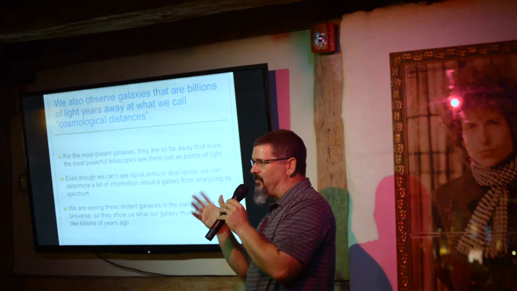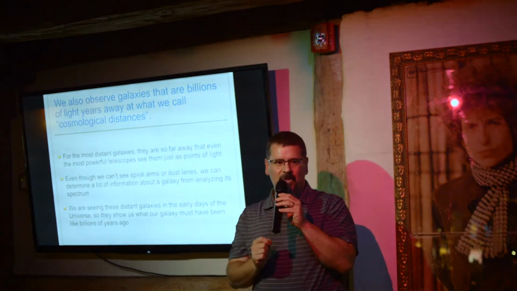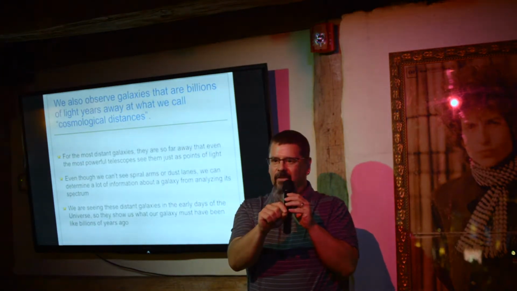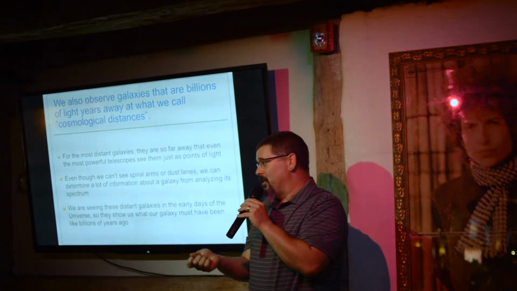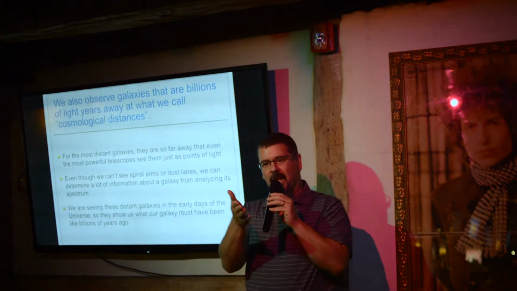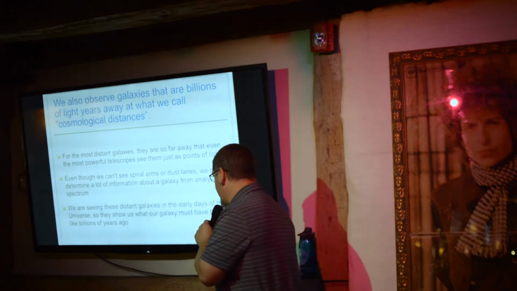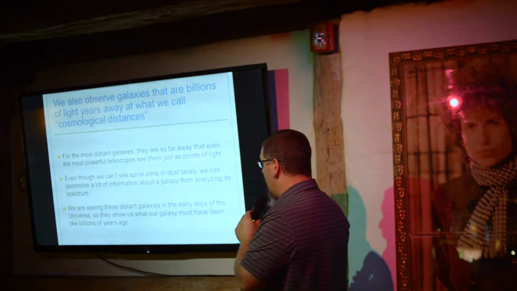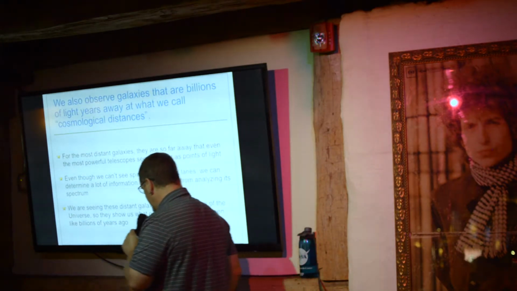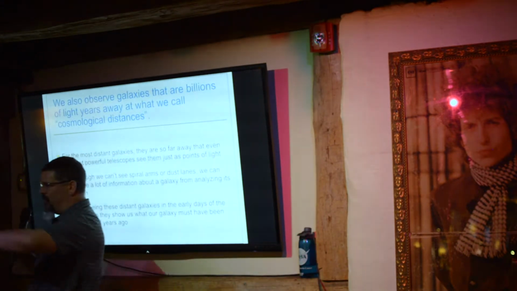And then it's very hard to tell just from a picture, is it a galaxy or is it a star? What we have to do then is take a spectrum of it, and oftentimes you can separate whether it is a galaxy or a star.